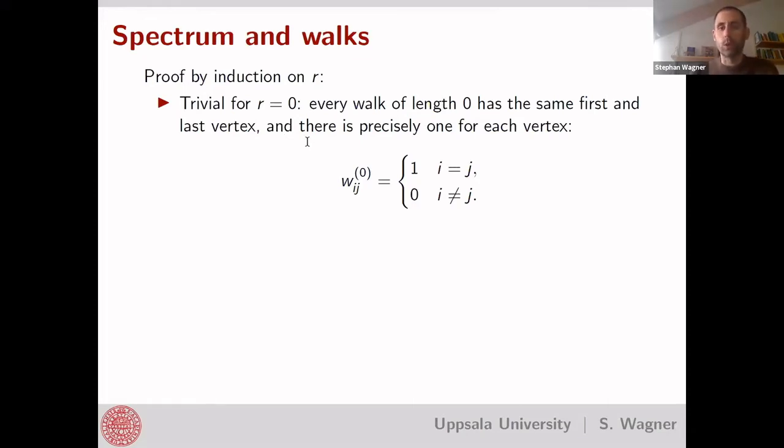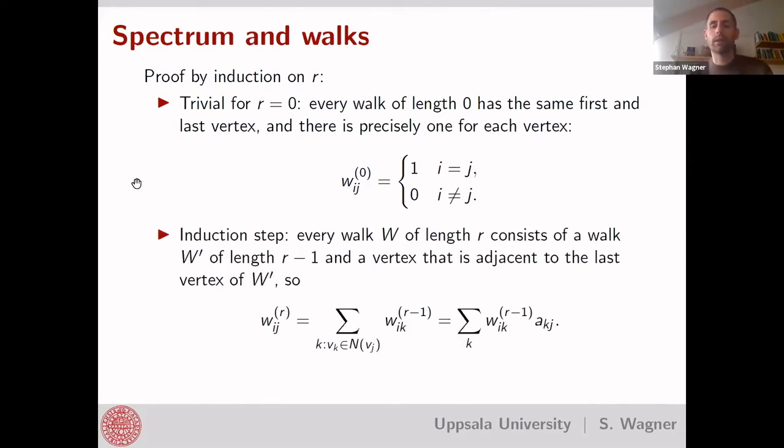In which case there is one walk of length 0 for each vertex, and 0 walks between any two different vertices, because in 0 steps I can't get from anywhere to somewhere else. And that's precisely the identity matrix. So it's the adjacency matrix to the power 0, which is the identity matrix as it should be.